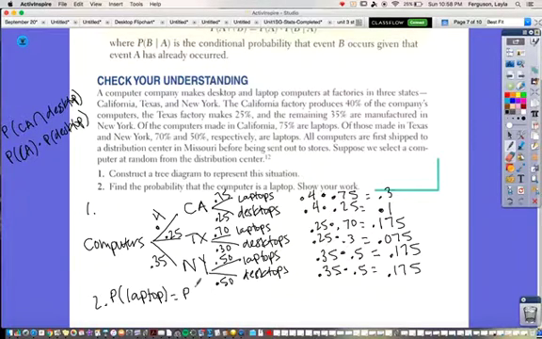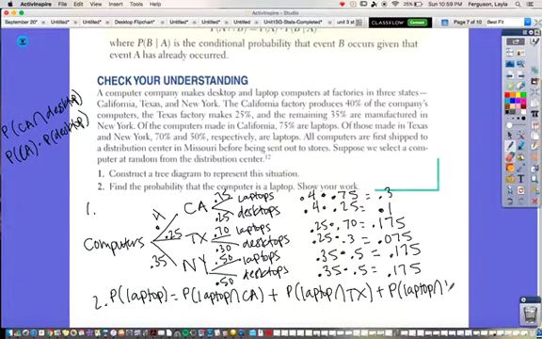So what we're going to do is say probability of being a laptop and from California, I'm going to add to it this time the probability of being a laptop and from Texas, and the probability of being a laptop and from New York.